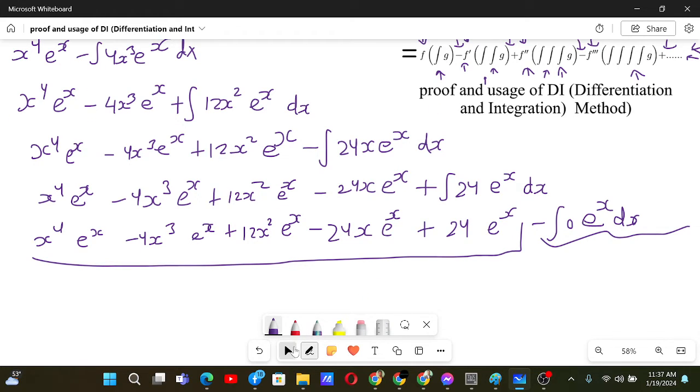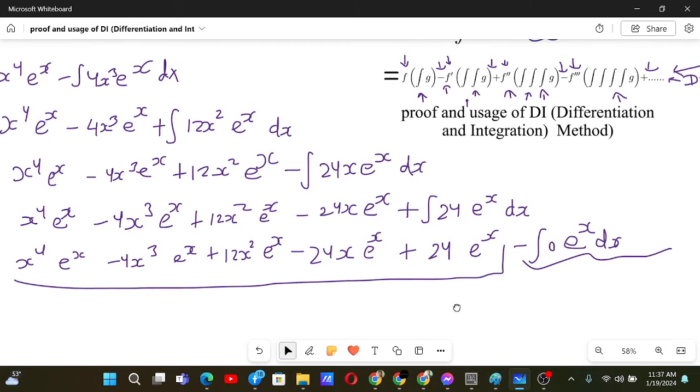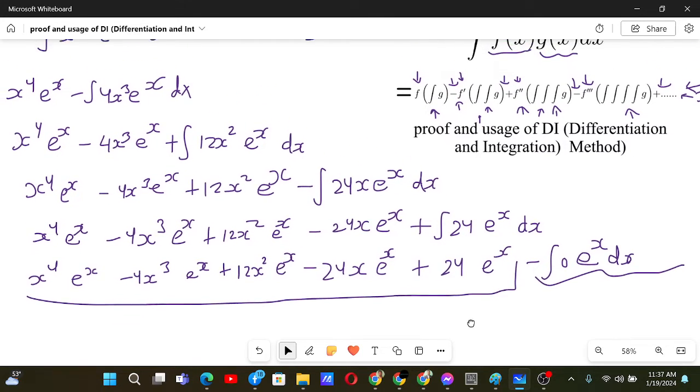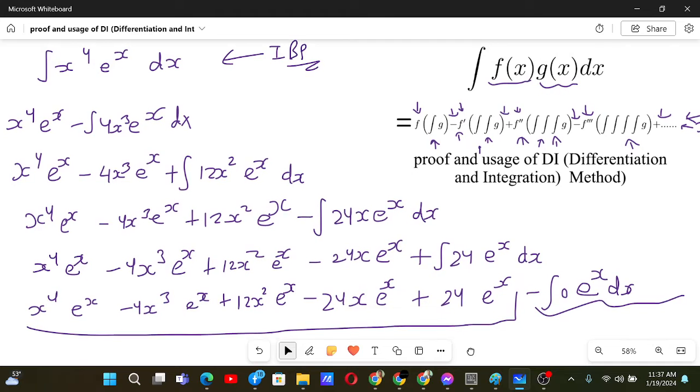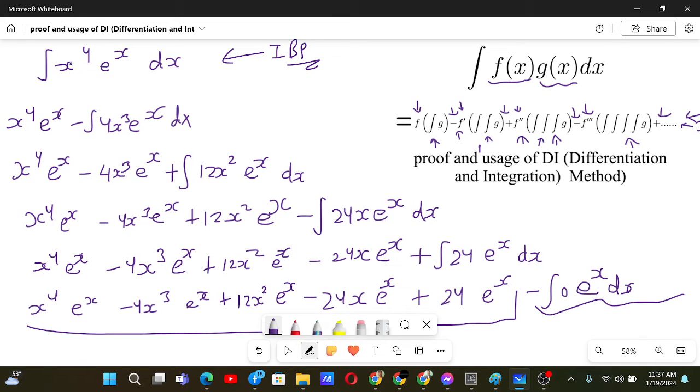But if we use the DI method, this will also give you an idea of why the DI method works. This will also give you a slight proof. First of all, this is our f of x, and this is our g of x.